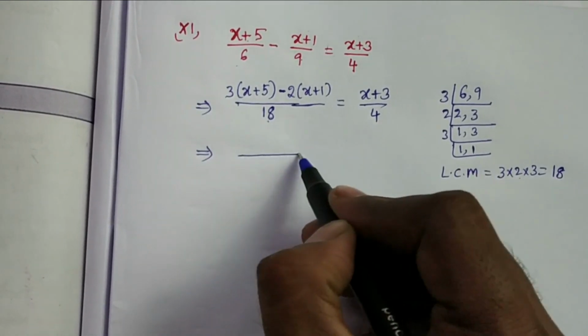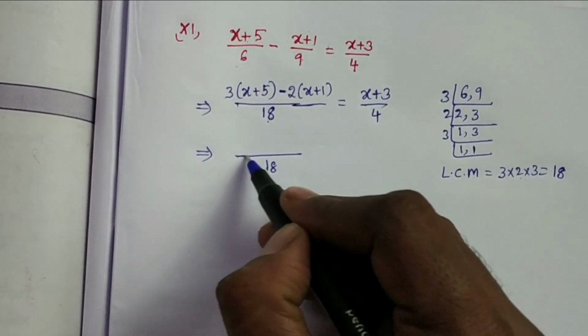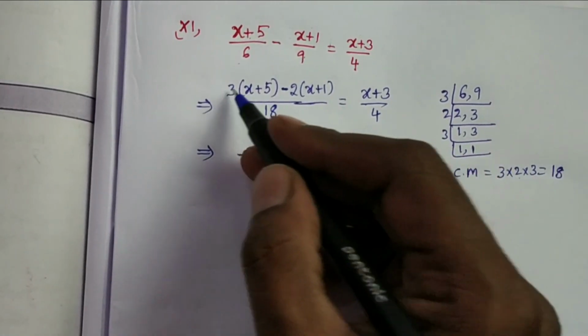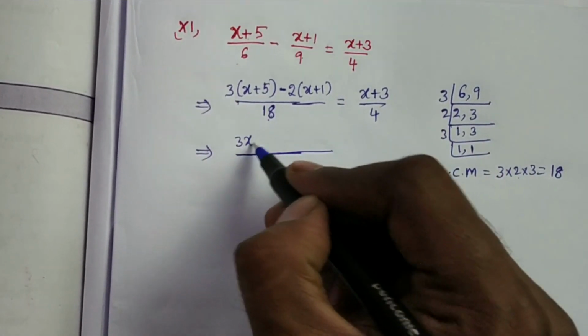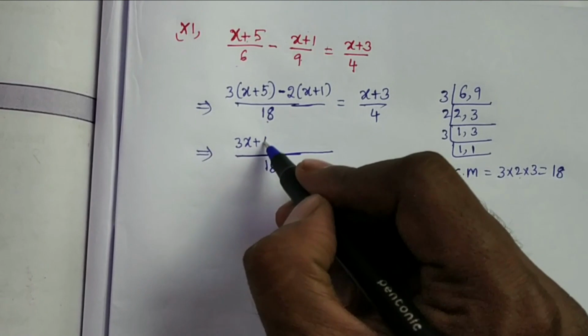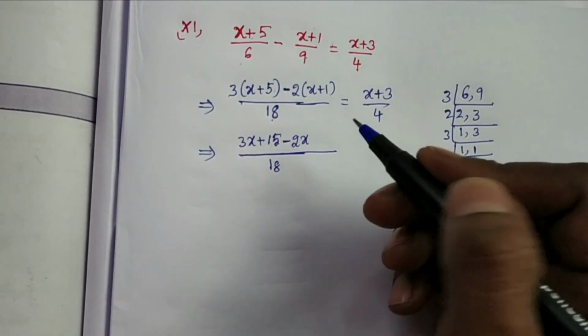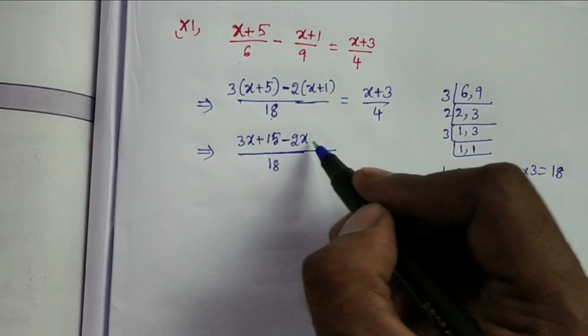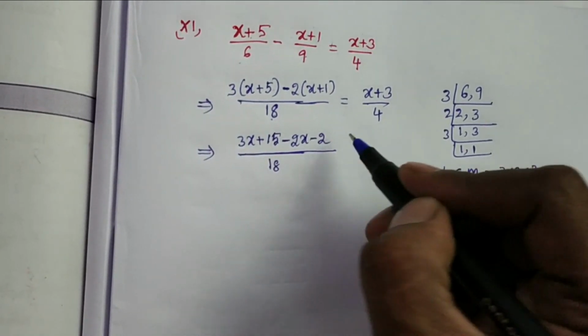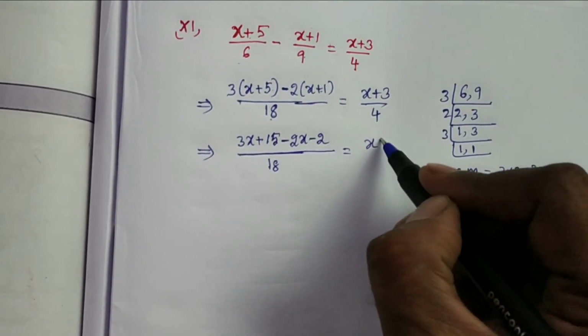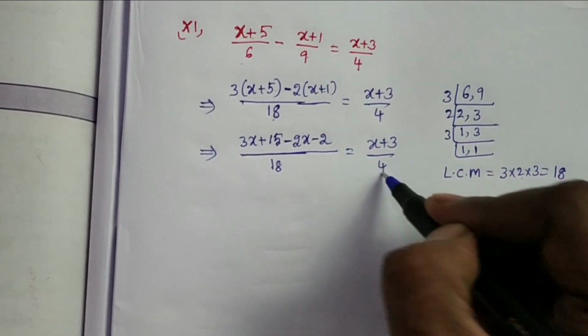So simplify the left hand side value. 3 into x, that is 3x, plus 3 5s are 15, minus 2 into x, minus 2x, minus into plus, minus 2 into 1, 2, is equal to (x plus 3) by 4.